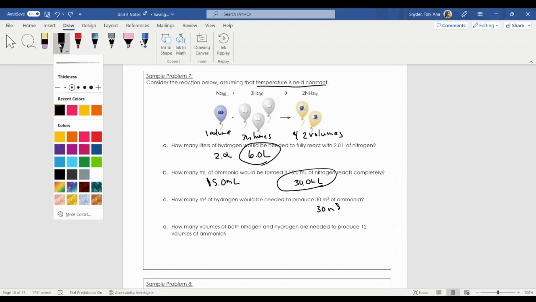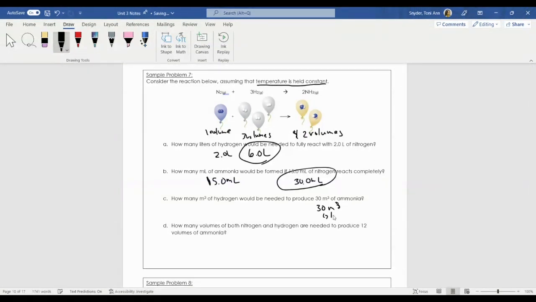What I like to do is get it to equal 1 in this case. So if this is 2 volumes, I would consider 1 volume to be 15 meters cubed. So if 1 volume is 15 meters cubed, I would times that by 3, and I would get 45 meters cubed.